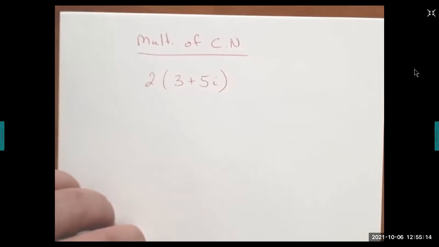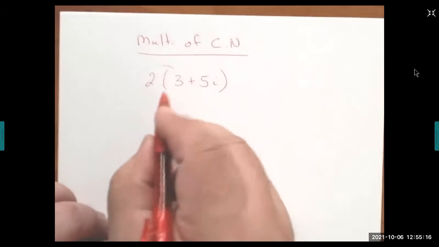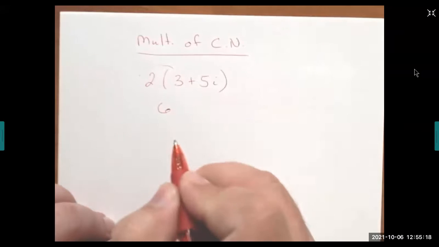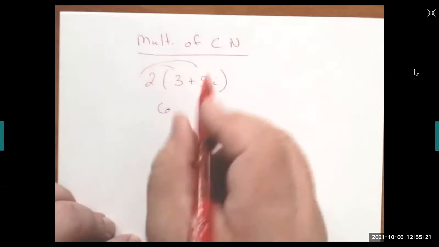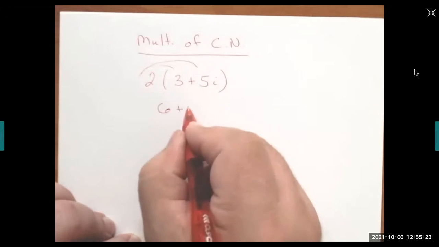All this one is distributivity. Positive times positive is positive. 2 times 3 is 6. Positive times positive is positive. 2 times 5 is 10i.